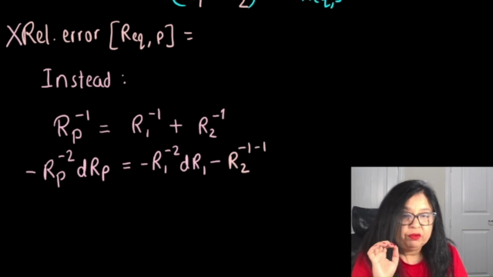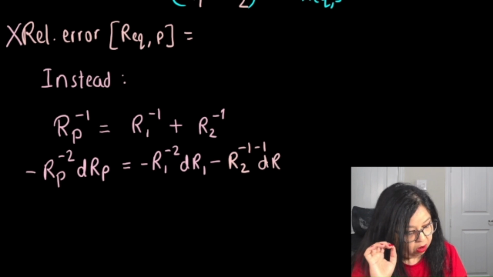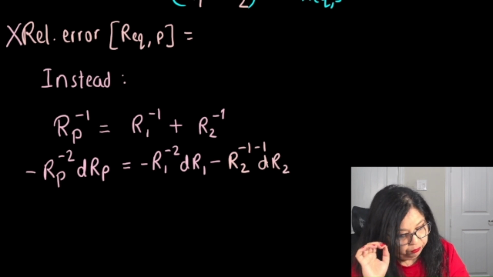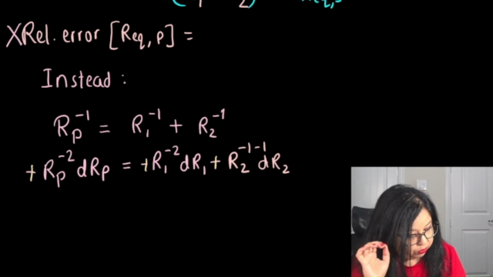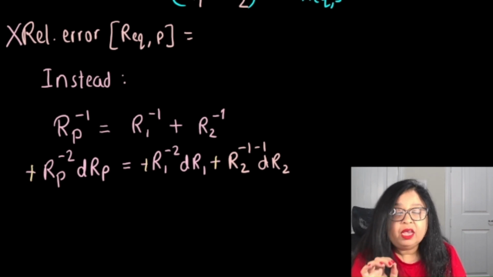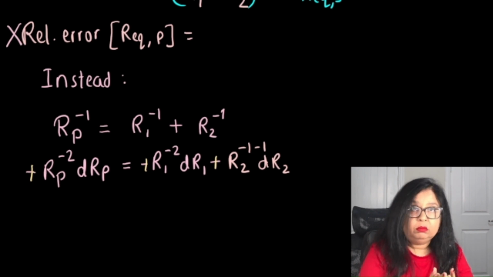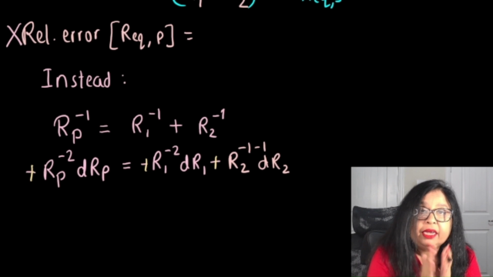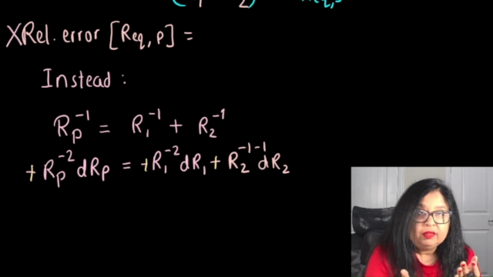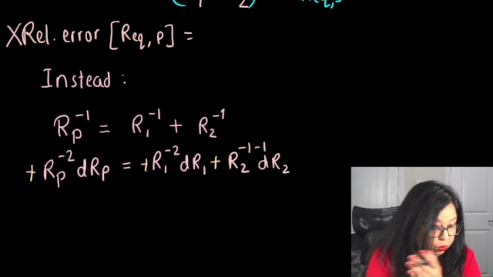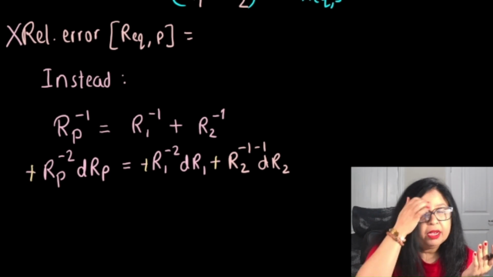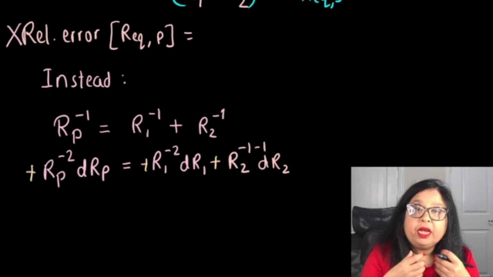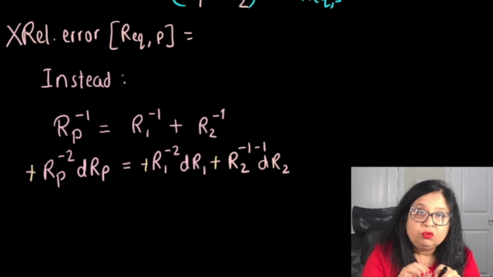This is the formula for differentiation, dR2. So from here, you can see that the minuses cancel out because there's a minus sign in front of every term of this equation. Every single term in this equation is a negative term. So you could divide this entire equation by minus 1, or multiply it by minus 1. And when you do so, the minuses all cancel out.